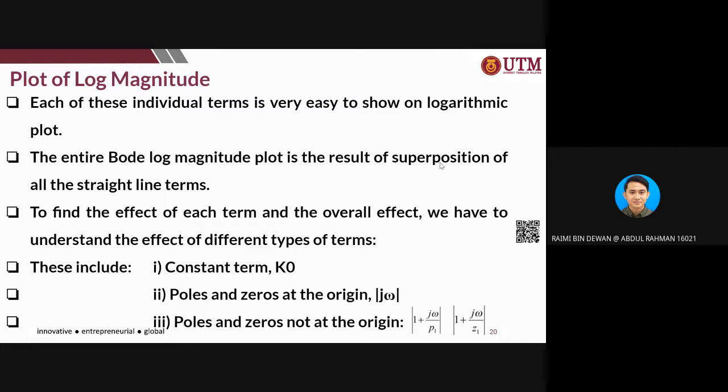Superposition means that you're going to add up the individual straight lines in order to have the accumulative total of all the straight line terms.